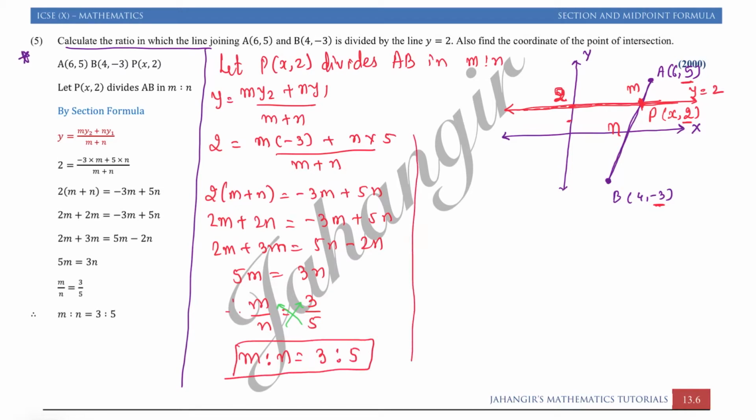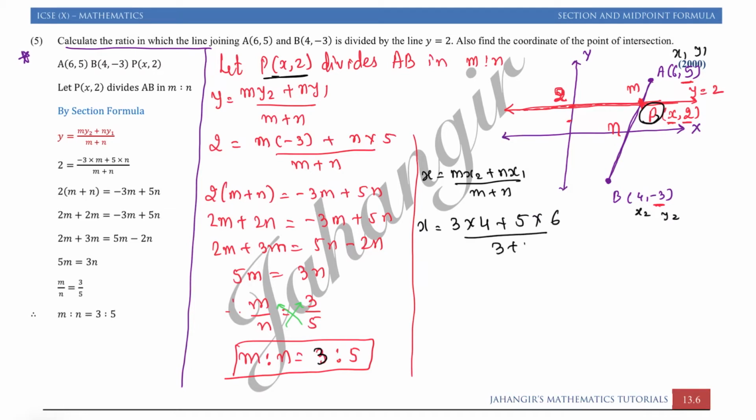First part we got, and in the second part we have to find the coordinate of x, because we want the point of intersection. Our point of intersection is P. In P we don't know x, so we will write x's formula, section formula, mx2 plus nx1 upon m plus n. So for x, m's value is 3, as we got it over here. 3 into x2 is 4. See, this is x2, y2, this is x1, y1, plus n's value is 5, that will be multiplied with x1, 6, upon 3 plus 5.